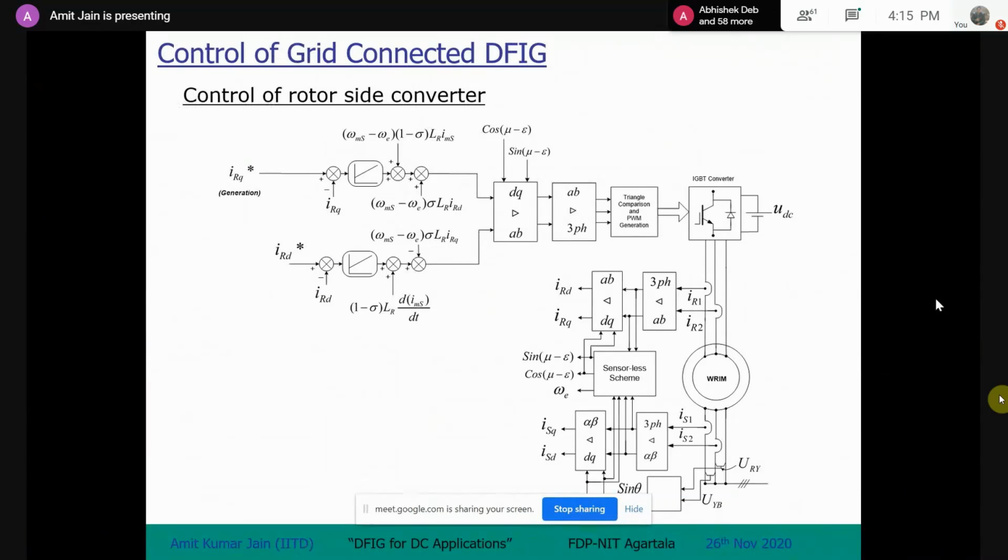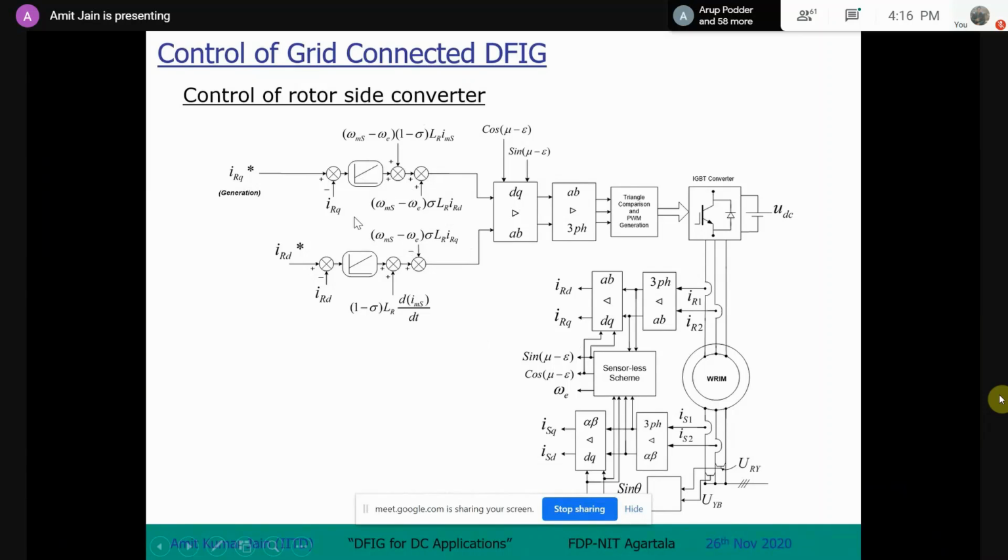Okay. So actually, we have to structure our control blocks in the DQ frame, right? All these IRD, IRQ are rotor currents in the DQ frame, and all these feed forward terms we know from the modeling equations.